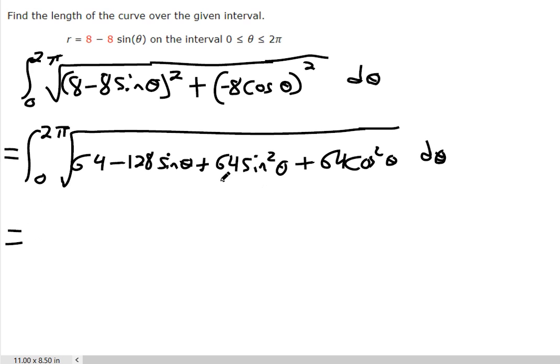And so here, if you factor out a 64 from both of these terms, you're going to have 64 times sine squared plus cosine squared. That makes 1, so this whole thing is just 64. 64 plus 64 makes 128.